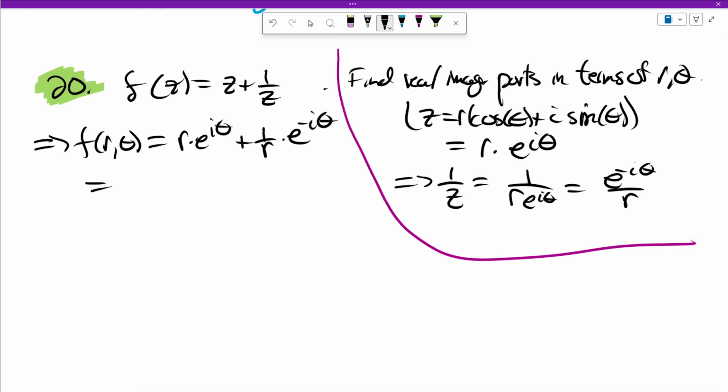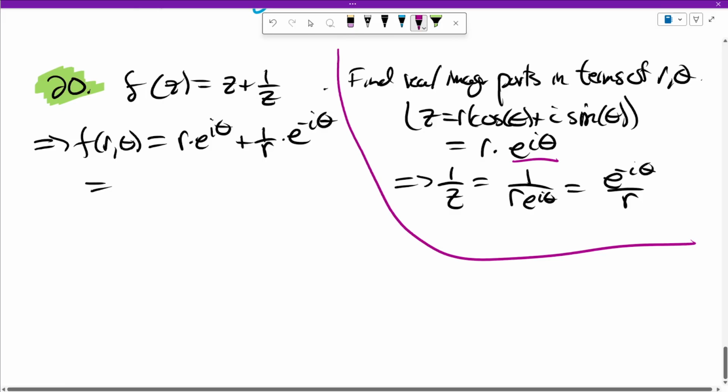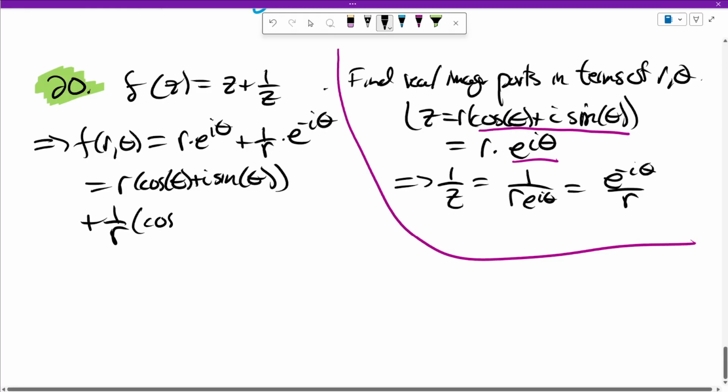We can use the relationship between e to the i quantity and cosine and sine. So this is going to be r cosine theta plus i sine theta, and then plus 1 over r cosine of negative theta plus i sine negative theta, because it's a negative theta on the i for this term.